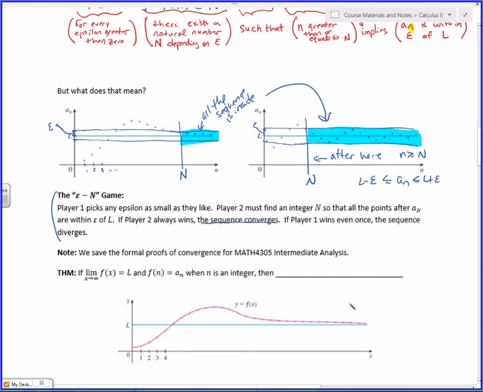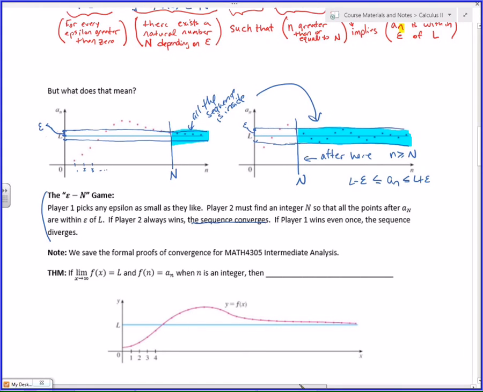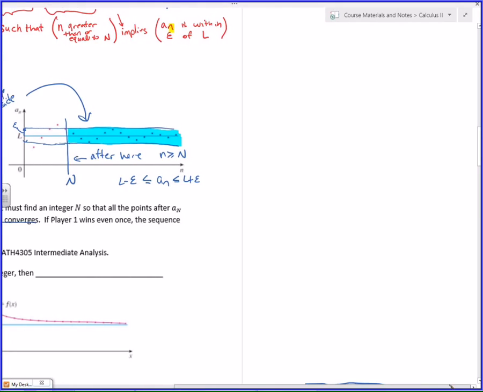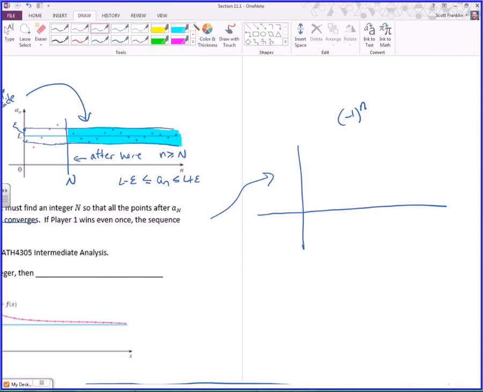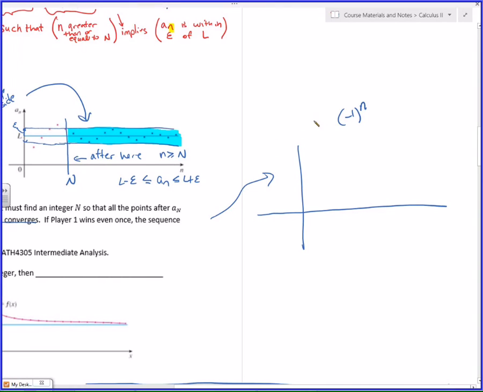Now, I don't have one on the screen here, but here's an example of one where player one would win. Oh, I've got to stop here. Let me draw this picture. Imagine my sequence is negative 1 to the n. What does that look like when I graph negative 1 to the n?